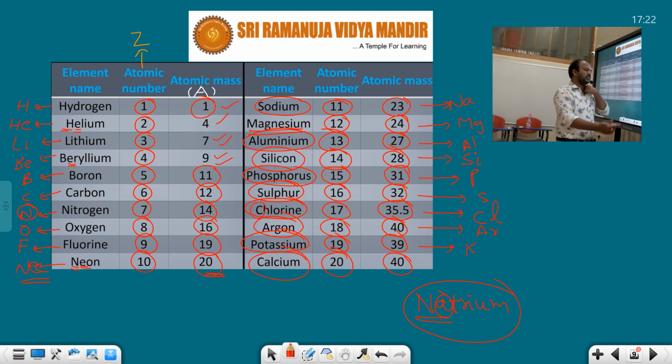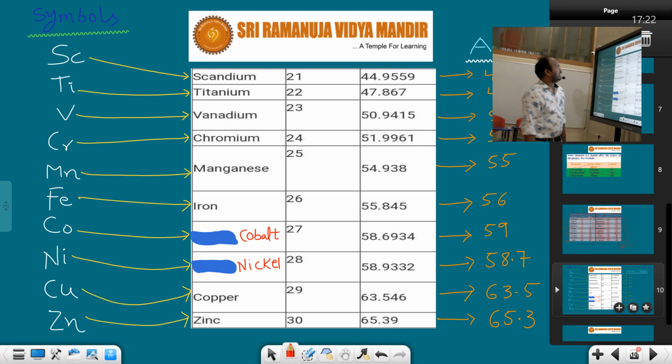That's why we take K. Calcium, first letter is C, second letter is A. So these are the symbols of the 1 to 20 elements and their atomic numbers as well as atomic masses. After that, we will take elements 21 to 30.